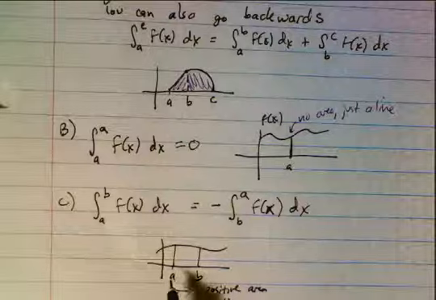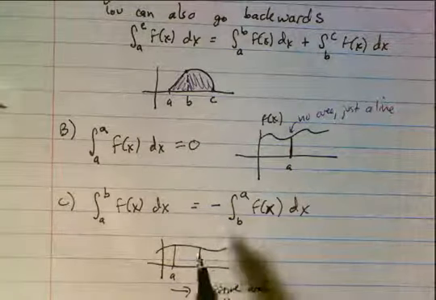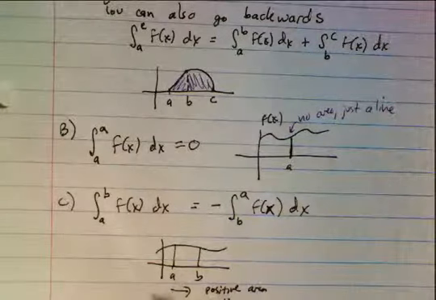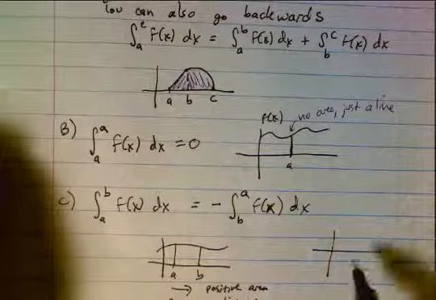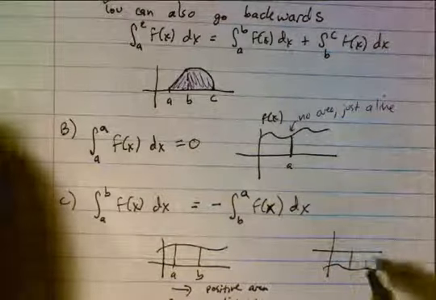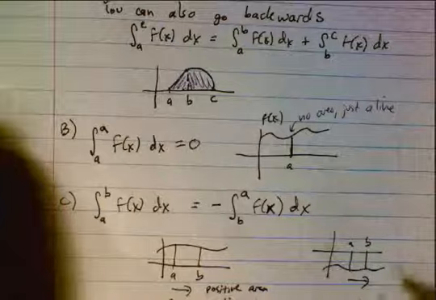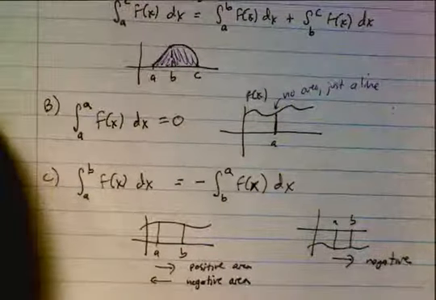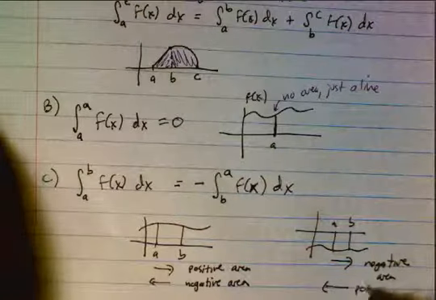If we had a positive change in the antiderivative from a to b, if we're going backwards in time, we have to go back down, have a negative change to get back to our original starting position. Same thing if we have that negative area. It's negative if we're going from a to b. It reverses going the other way.